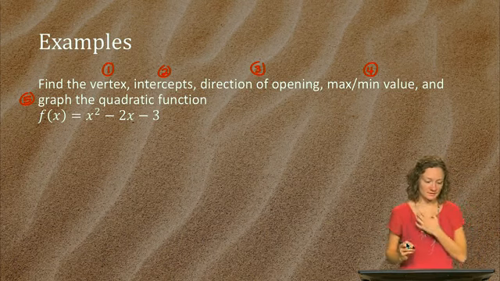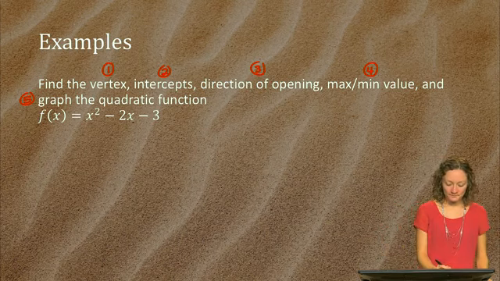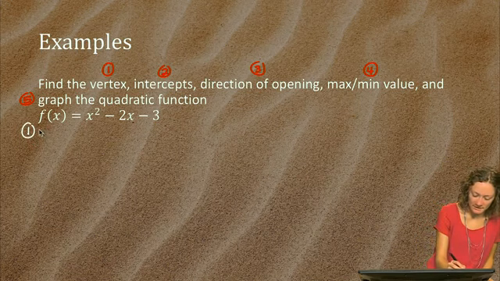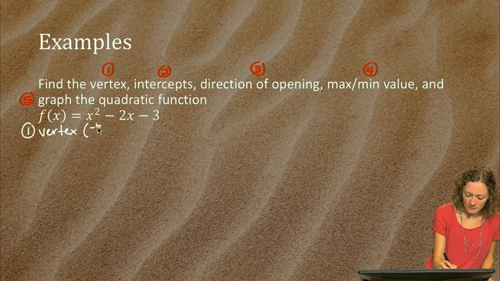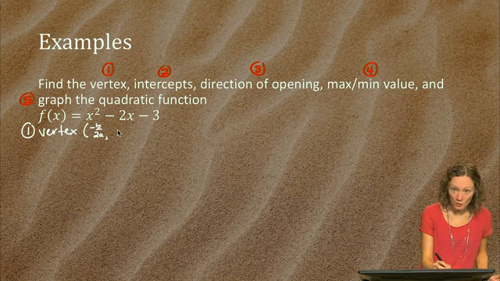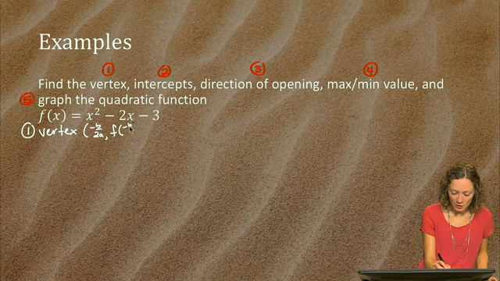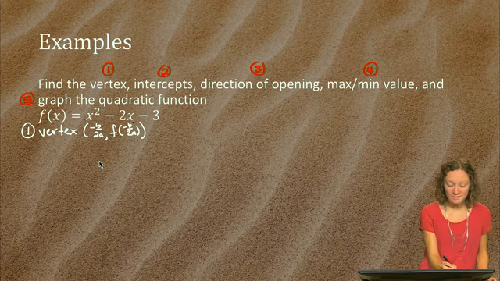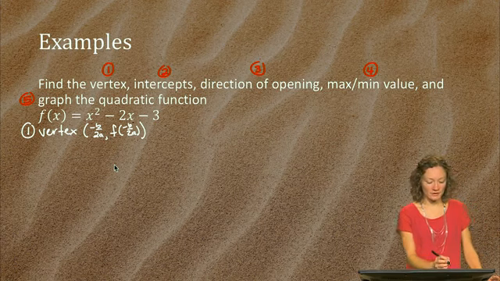Let's start with vertex. This is in standard form. So to find the vertex, this is the general. We need -b/2a and then the corresponding y value. The note says this. You do not need to write this. You don't even need to write any of this that I have written here.